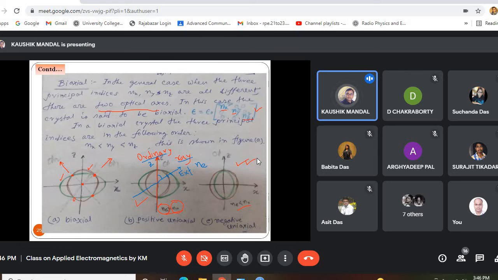Basically, what happens if a wave passes through a uniaxial crystal or a biaxial crystal? In a uniaxial crystal, we observe a phenomenon known as double diffraction. In a biaxial crystal, we observe another phenomenon known as conical diffraction. So let's move to the second part.